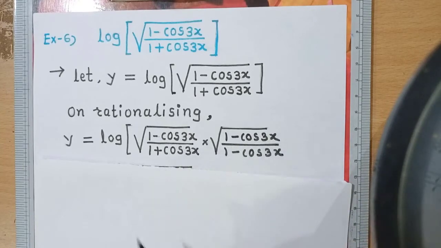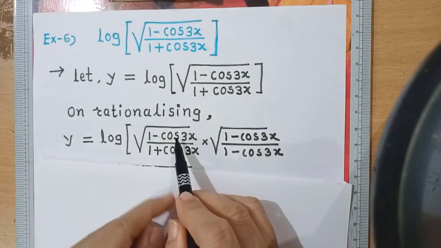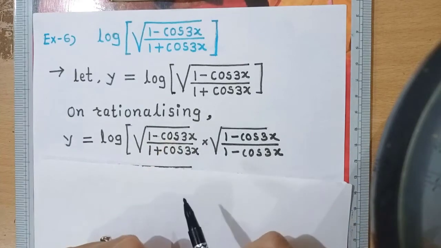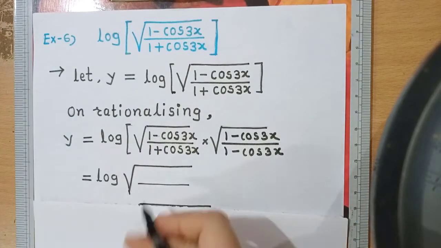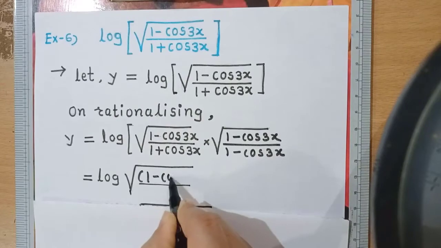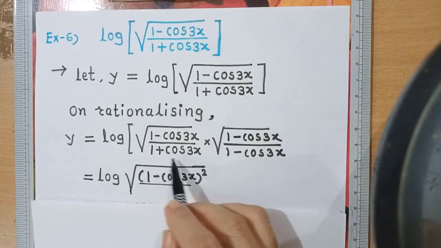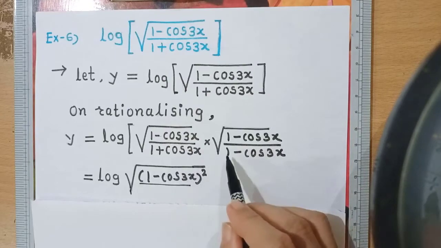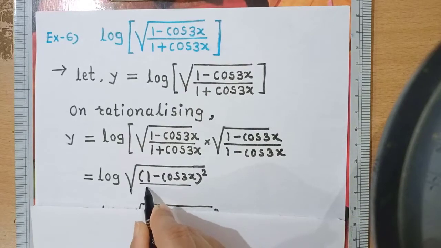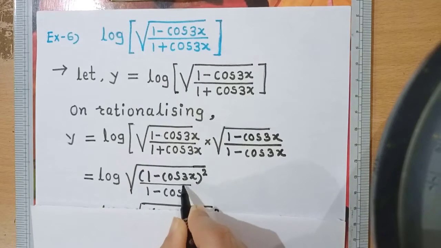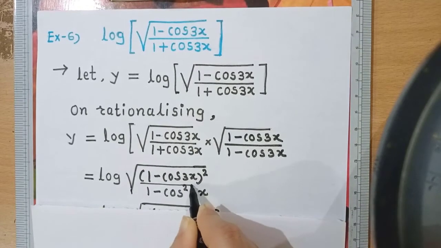We have multiplied by the conjugate. Now again the same bracket multiplied 2 times. So in the next step here 1 minus cos of 3x bracket square, and here 1 plus cos 3x into 1 minus cos 3x, so 1 minus cos square 3x.